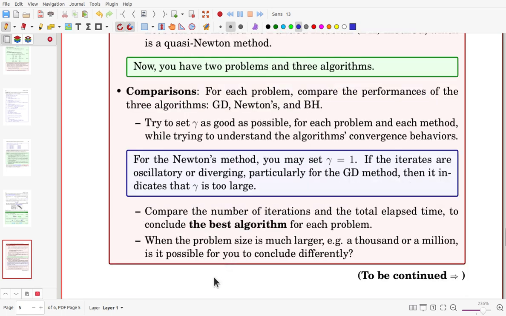When the problem size is much larger, for example, 1,000 or 1,000,000, is it possible for you to conclude differently? So try to understand and observe the convergence behavior of these methods, and then try to answer this question nicely.